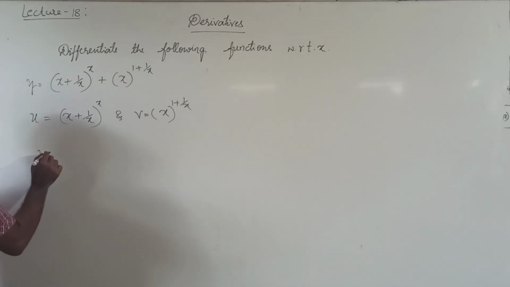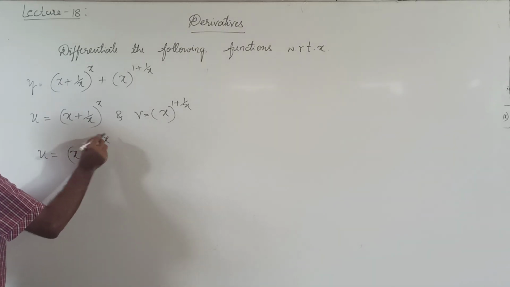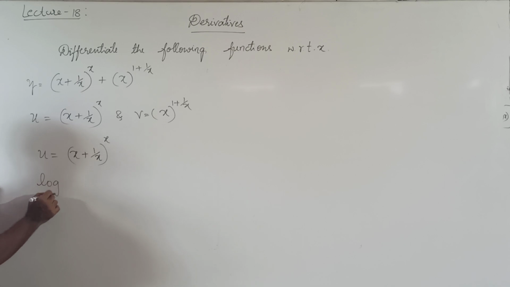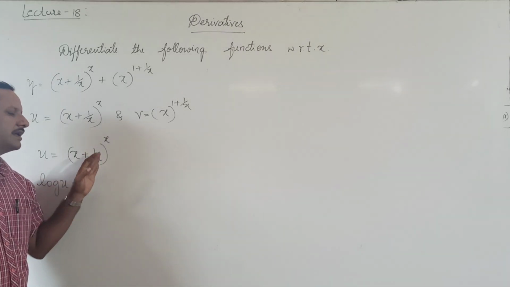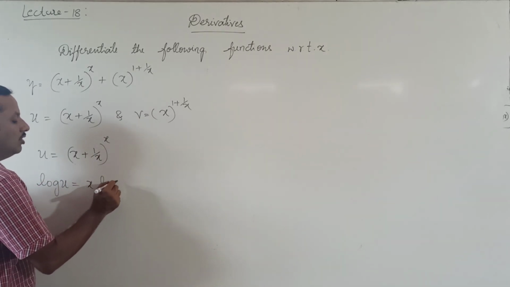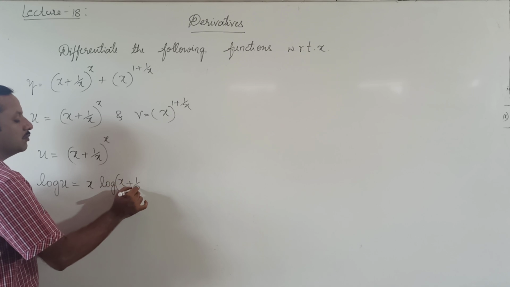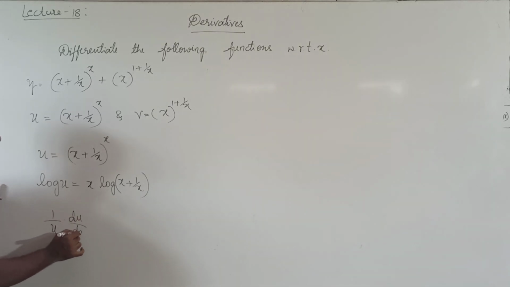Now consider this, u is equal to (x plus 1 by x) whole power x. Taking log on both sides will give you log u is equal to log (x plus 1 by x) whole power x, which can be written as x into log of (x plus 1 by x). Now differentiating this with respect to x will give us 1 by u into du by dx.